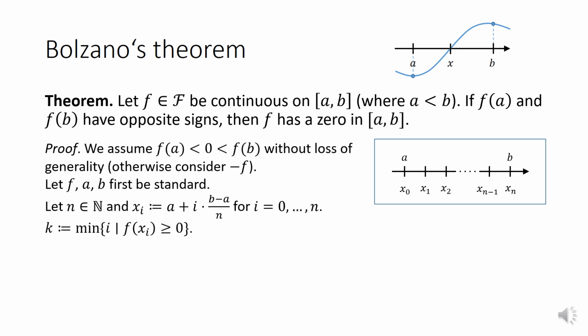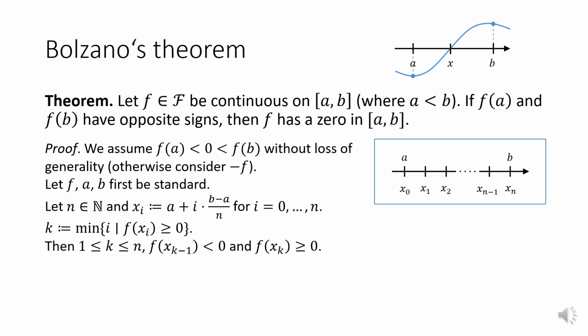We define k as the minimal i for which f of xi is non-negative. We know that k is at least 1 and at most n, because f of x0 is negative and f of xn is positive.